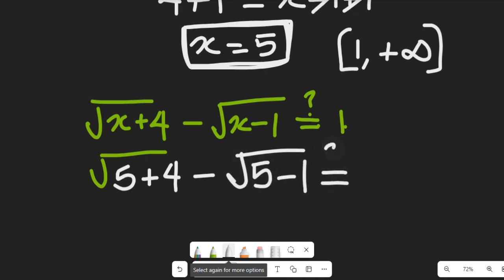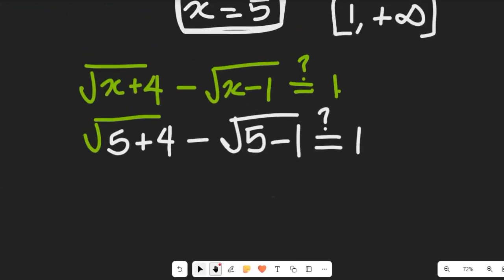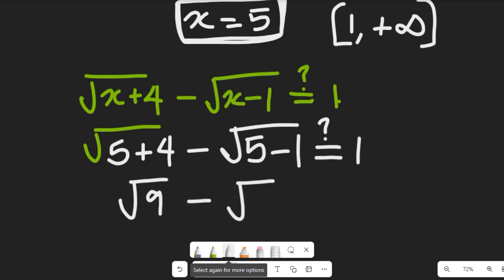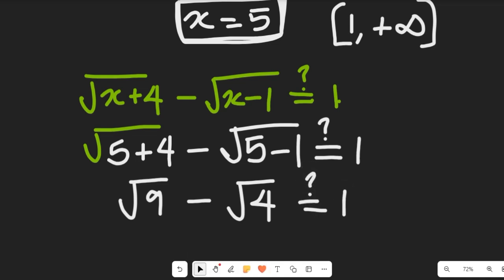Will this be equal to 1? 5 plus 4 gives us the square root of 9, minus the square root of 5 minus 1, which is 4. Is it going to give us 1? Let's find out.